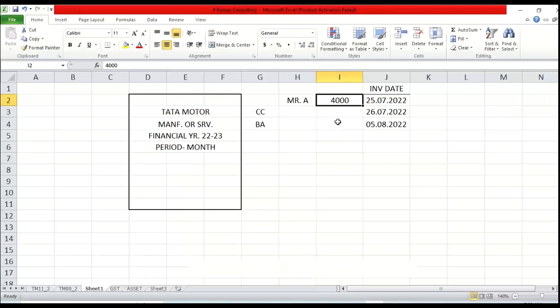In organizations, these are the rules: if an invoice was posted today, the payment may be made after 15 days, or after 30 days, or after 60 days. So different payment terms will be there. There will be a separate topic called payment terms, which I'll explain in detail, guys.